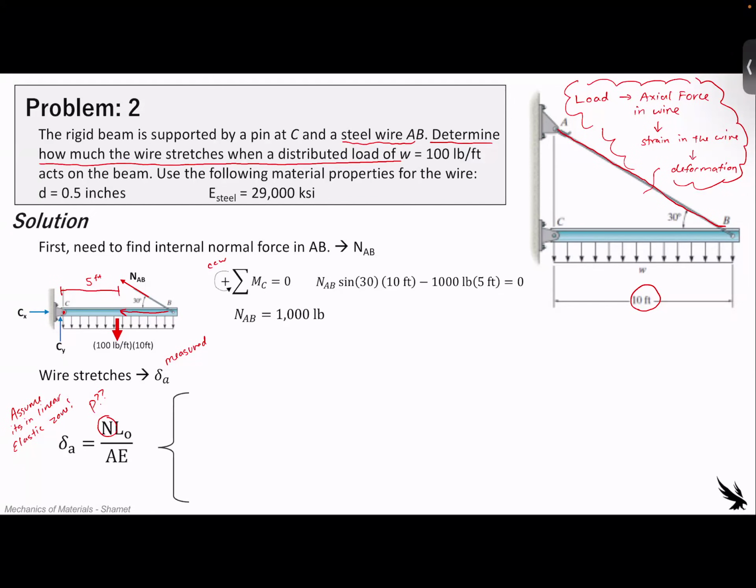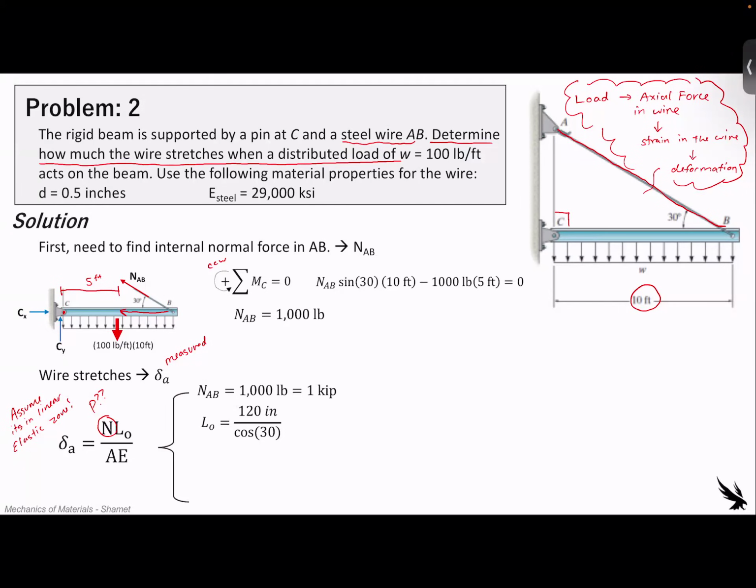All right, so to solve this, we know that our NAB is 1,000 pounds, or 1 kip. We know the original length. We calculate the original length based off of the fact that this is a right triangle. I'm just putting that in inches here. So 10 feet is 120 inches, and then we use the cosine to find the hypotenuse.